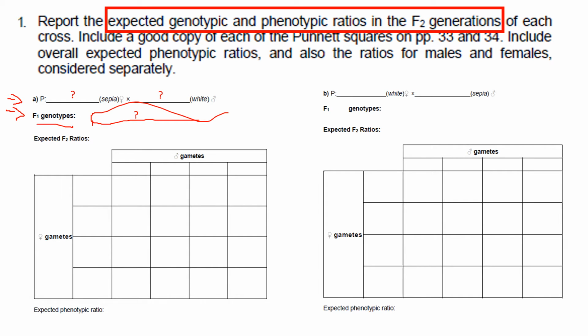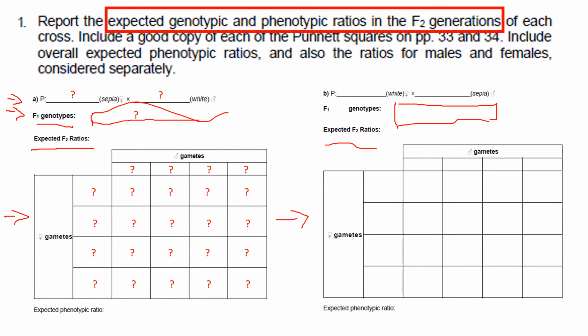I just want you to write here the two types of genotypes that you get here, and here I want you to do the F2 of the expected ratio. Why? Because this will be important to make your chi-square, and this can give me information on whether you made the correct assumptions, and I will be able to grade it.